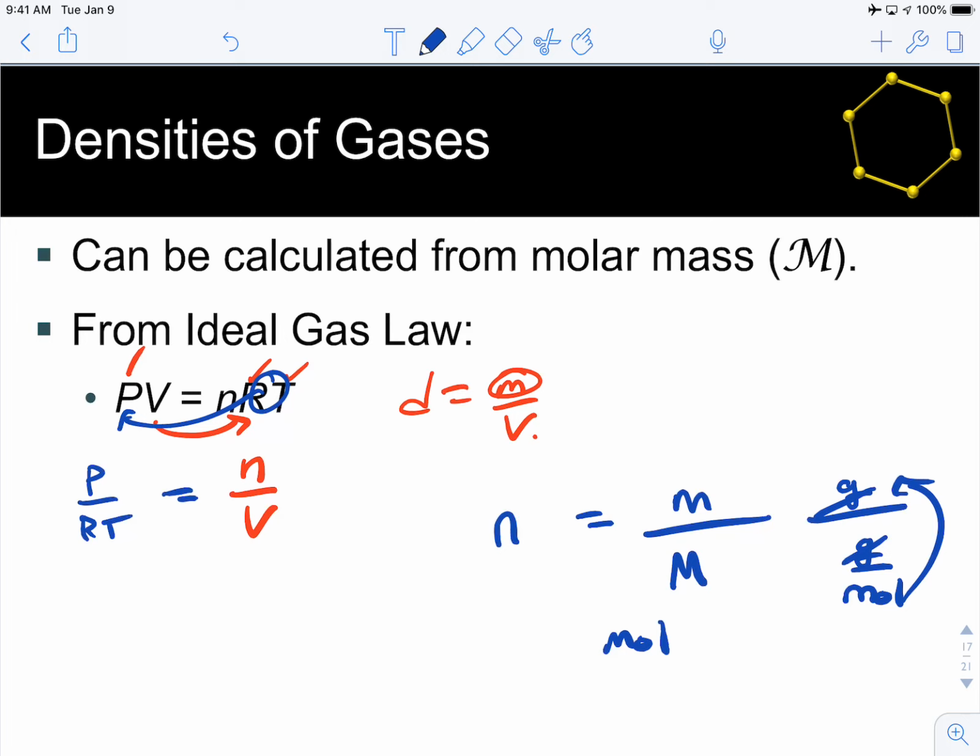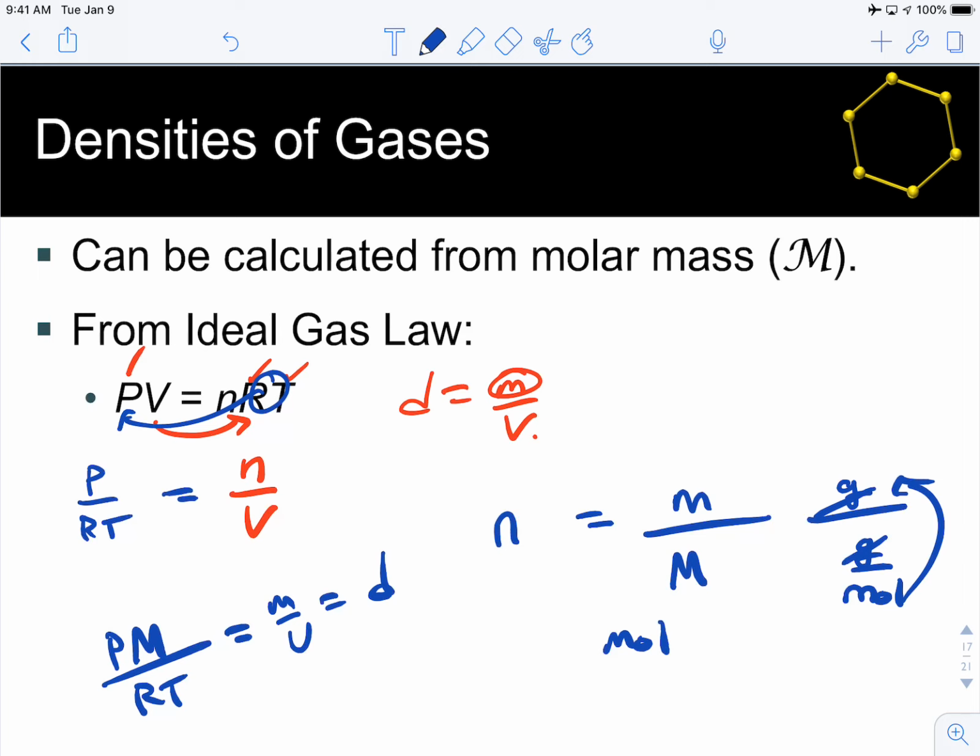If you're given the mass or the molar mass, we can actually get to density. Ultimately, you can derive an equation here, if you rearrange this, that says that PM, for molar mass, over RT is equal to M over V, which is equal to density. And that's what we'll do in class.